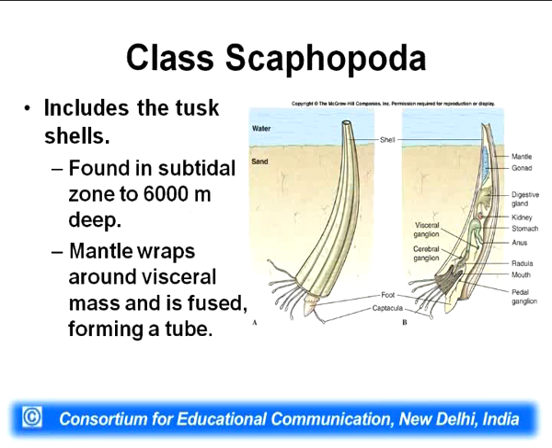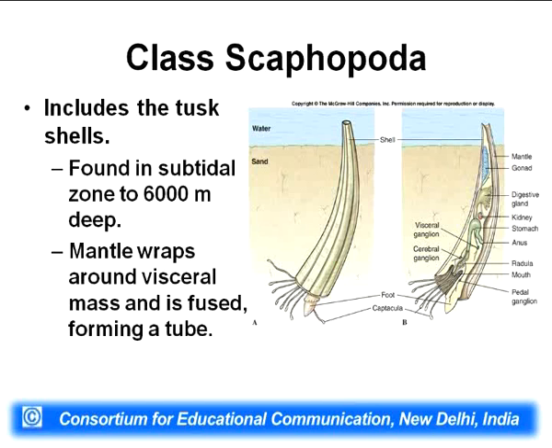In this case, the head is reduced, and from the broader end of the shell comes out a conical foot, and this conical foot helps the animal in burrowing into the sand. Along with the foot, we can see a number of elongated structures which are called the captacula. These captacula are thread-like structures having sticky endings, disc-like structures with some kind of adhesive secretion, and they are drawn out into the water.